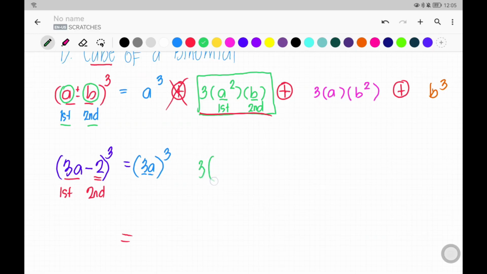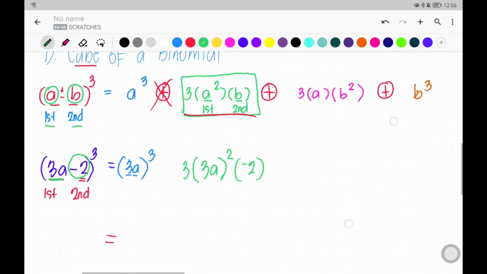So, 3 times, kunin natin yung square ng first term. Ang first term natin ay 3a. So, 3a, kunin natin yung square nito. Yan. Then next, times natin sa b. Ang b natin ay negative 2. Yan. So, negative 2.